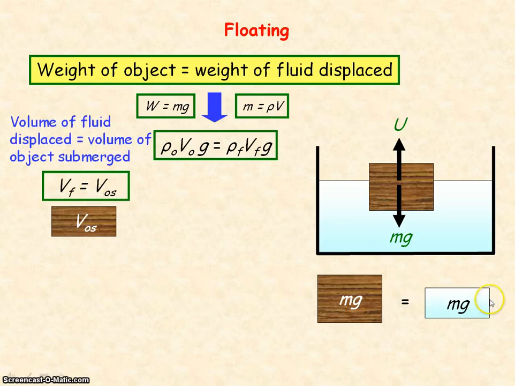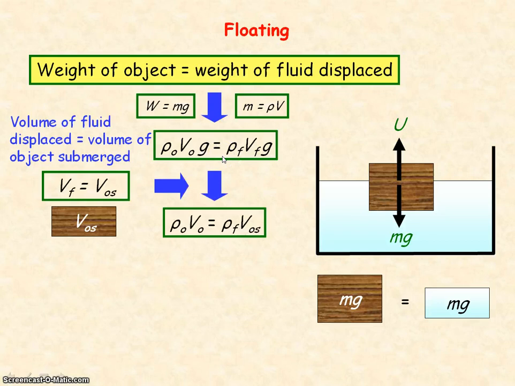And so the volume of the fluid that is displaced is equal to the volume of the object that is submerged. So we call that V_os, the volume of the object that is submerged in the fluid. If we substitute that into this equation, we get this, where the g's have cancelled.